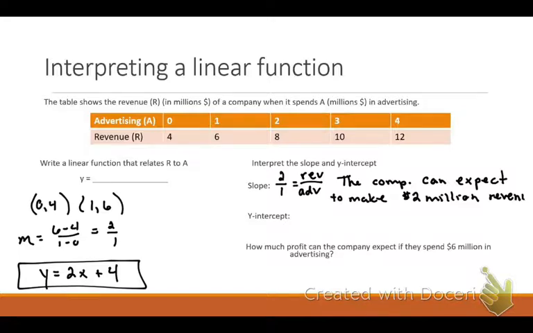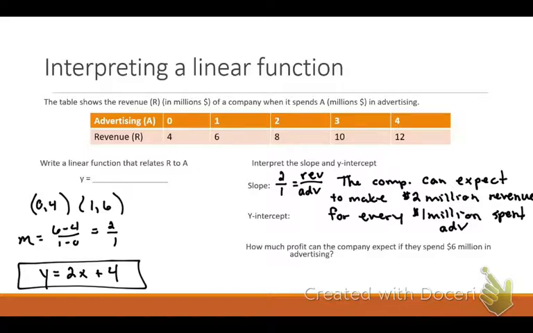All right, I'm kind of abbreviating. For every, how much? 1 million spent in advertising. Okay, in advertising. So there's my statement. That's my slope. Do you see how I got that? 2 million in revenue because I spent 1 million in advertising.